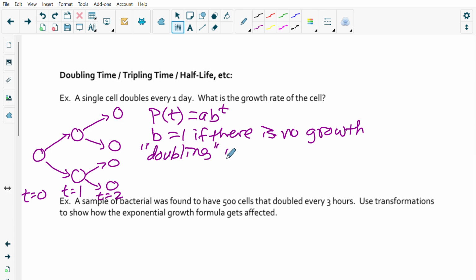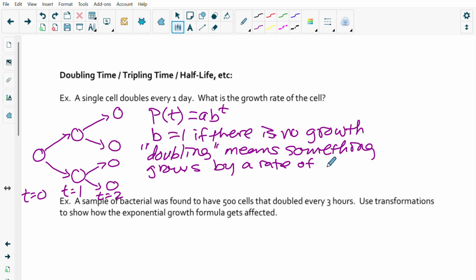Doubling means something grows by a rate of, think about it, 100%, or a factor of 1.0, right? So in this case, it's like our finance formula. When we say something grows by 5%, we do 1 plus 0.05. In this case, when it grows by 100%, we say 1 plus, well, what's the decimal form of 100%? It's just 1. So this is how we get a b value of 2 when something doubles.